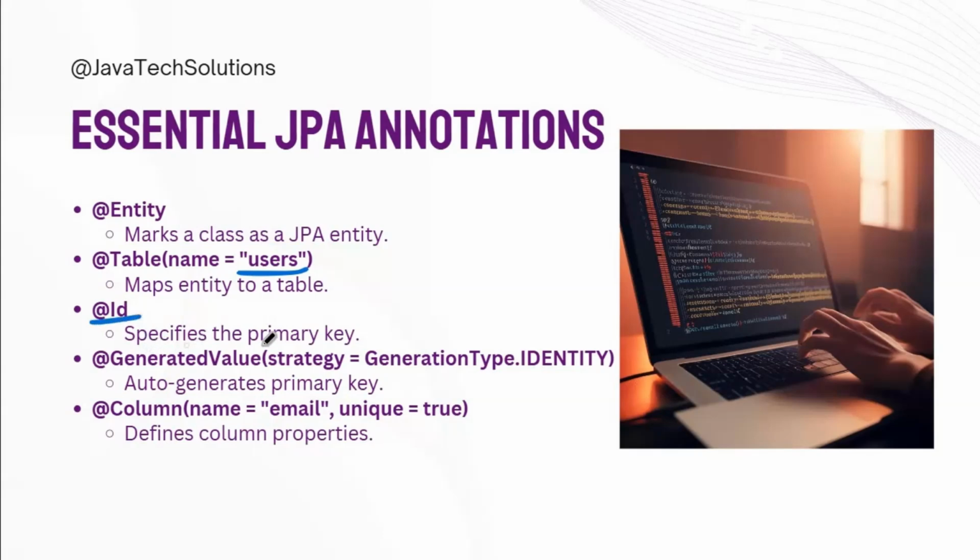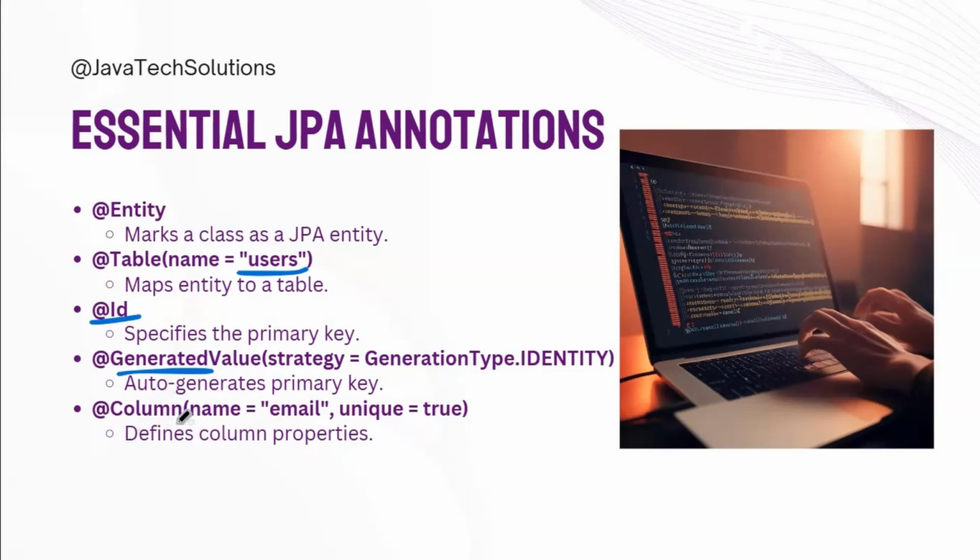@Id specifies the primary key, because the table has a primary key that we need to define in our class. Using @Id we can define this primary key. @GeneratedValue means the primary key will be unique, so we can define it as an automatically generated key that generates unique numbers.